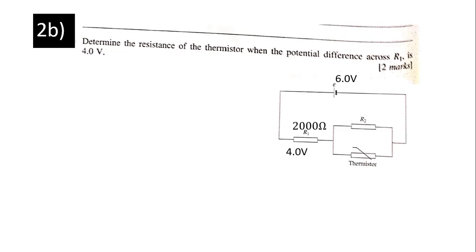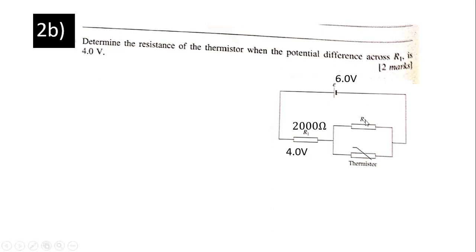V1 equals R1 over R1 plus R2T. Say again. V1 equals R1 over R1 plus R2 times 6. How are you going to determine that? No, the R2T is the unknown.